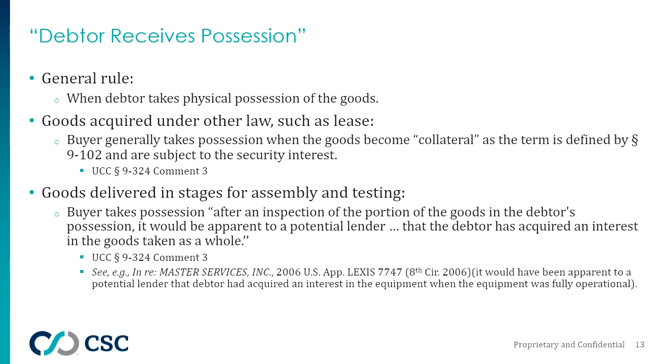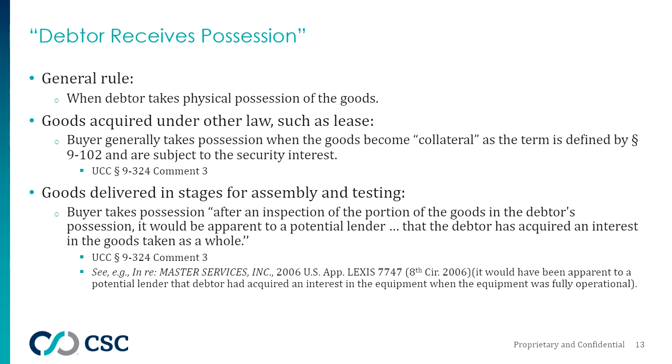Is it when it's completed and fully operational? Is it when the debtor signs off on the acceptance certificate? Well, the rule under Article 9 is that delivery occurs when it would be apparent to a potential lender or hypothetical creditor that the debtor had acquired an interest in the goods taken as a whole.